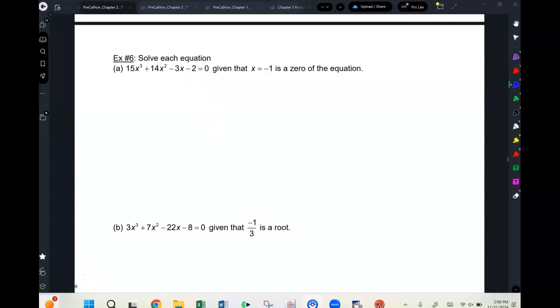In these 3 problems, we're going to solve the equation, not just factor, given that x equals -1 is a 0. So we're given one of the zeros. We need to find the others. So we know that there are 3 total.